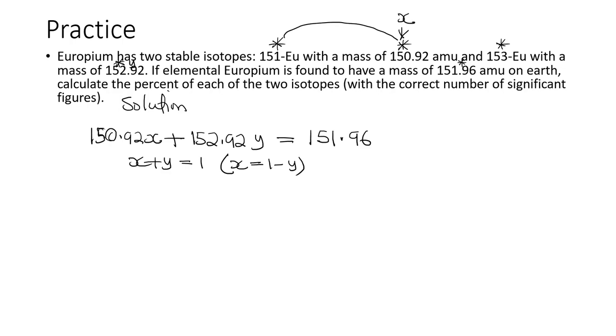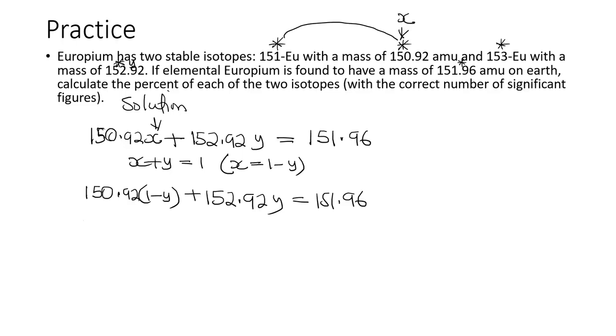So I just do the same thing. Wherever there is X, I put 1 minus Y. So it will be 150.92 times 1 minus Y plus 152.92Y is equal to 151.96.